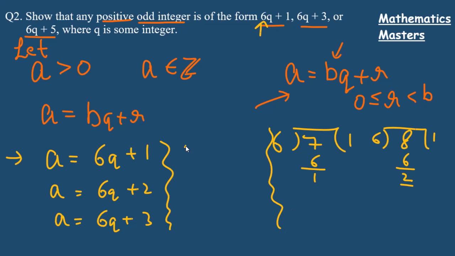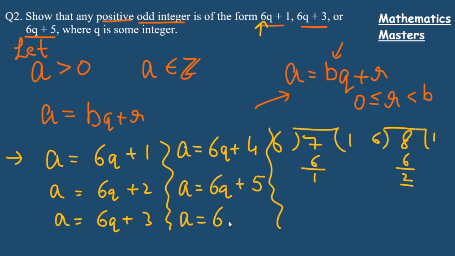If a is 10, then the remainder would be 4. If a is 11, then the remainder would be 5. If a is 12, there won't be any remainder.